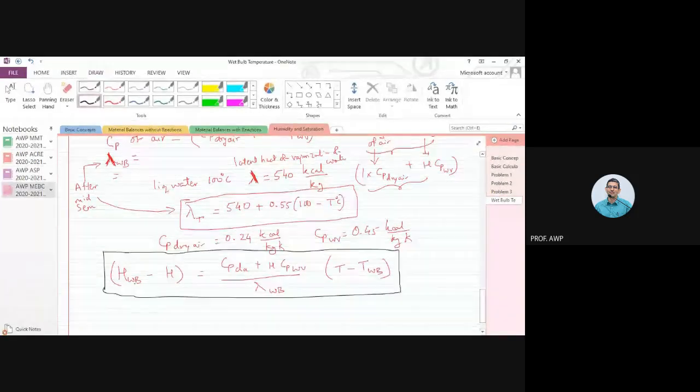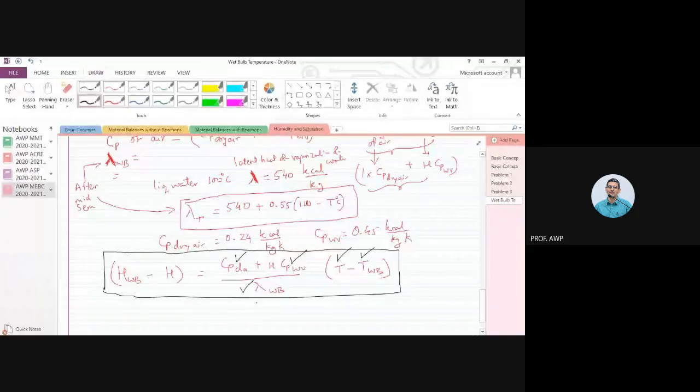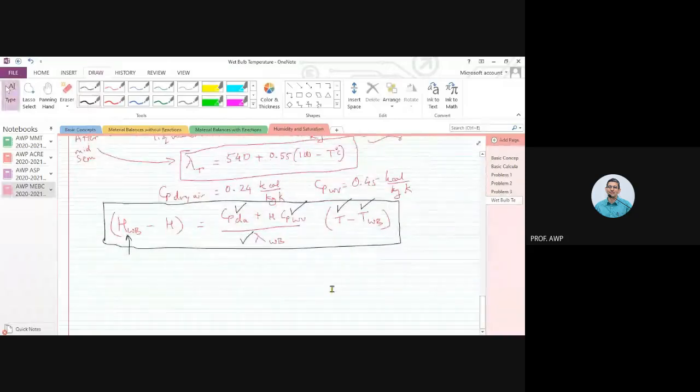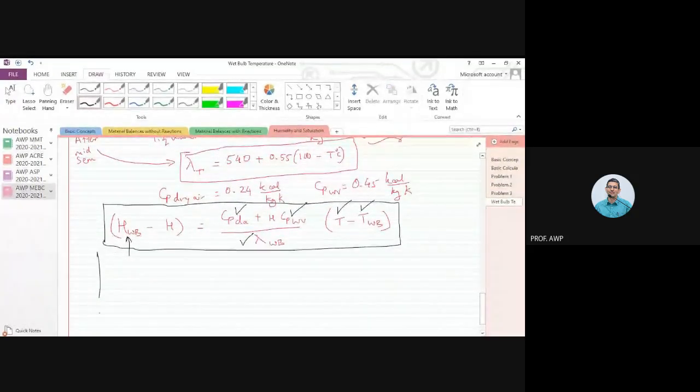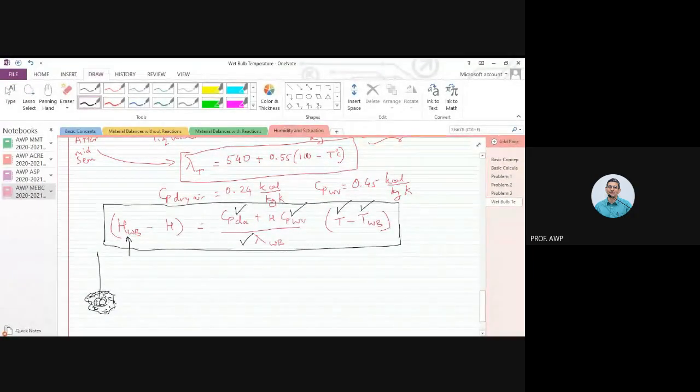Just one small point. We are going to measure the temperature and the wet bulb temperature. Cp of dry air, Cp of water vapor and lambda I have told you. Now about H at the wet bulb condition: there is liquid water inside this wet bulb.